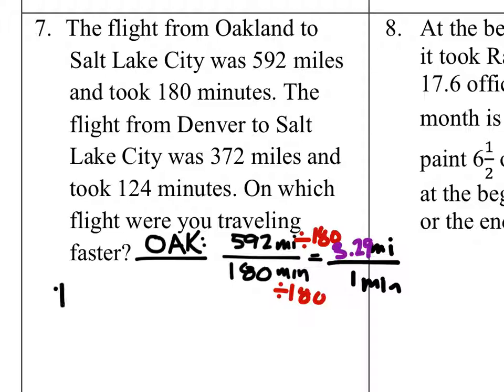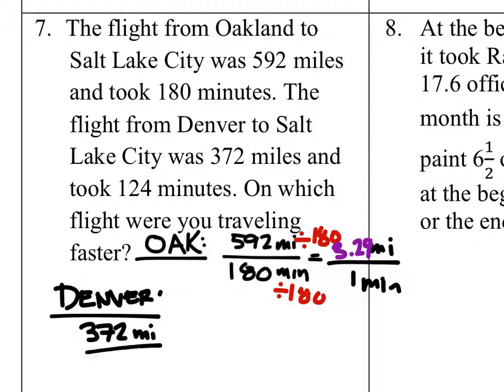Well, what about from old Denver? Old John Denver. All right, well, that was 372 miles in 124 minutes. So we'll compare this once again to 1 minute. And how did we do that? Well, we divided by 124.